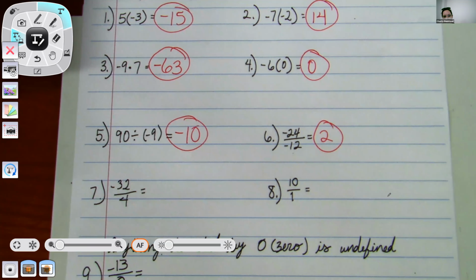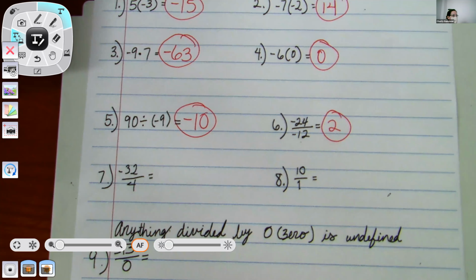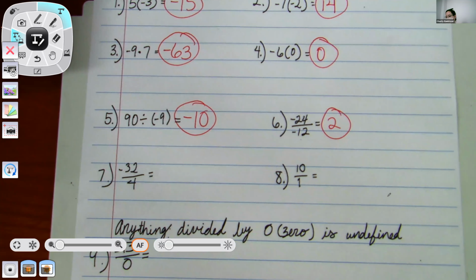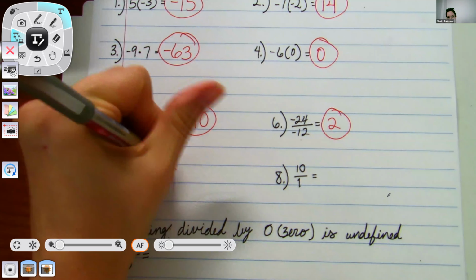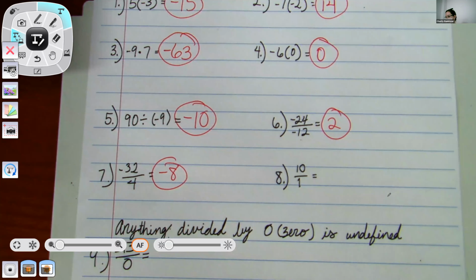And number 7, -32 over 4, or in other words, -32 divided by 4, which equals -8. And number 8, 10 over 1, or 10 divided by 1, equals 10.